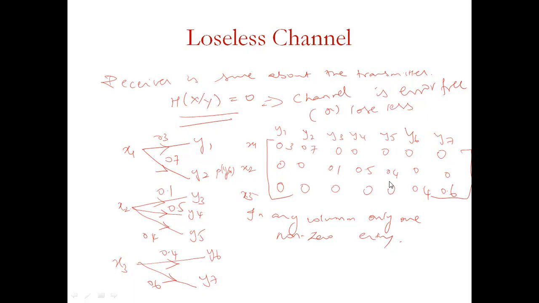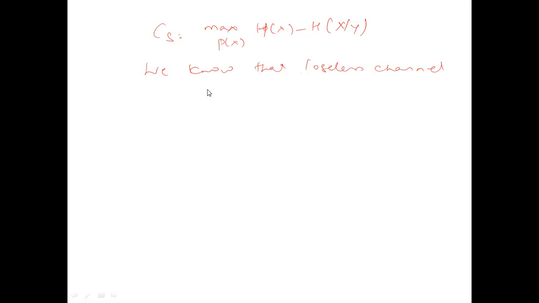Now coming to the channel capacity of the lossless channel, Cs, we can take the first formula: maximum over P of x of H of x minus H of x given y. We know that for a lossless channel H of x given y is 0. For a lossless channel this is the condition; there is no error at all, it is error free. So Cs can be written as maximum over P of x of H of x.